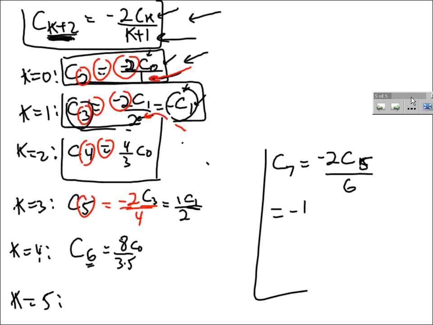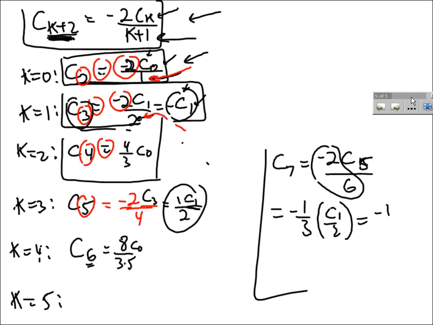So it's negative 1/3 times C sub 5, which is C1 over 2. So C sub 7 is negative C1 over 3 times 2.